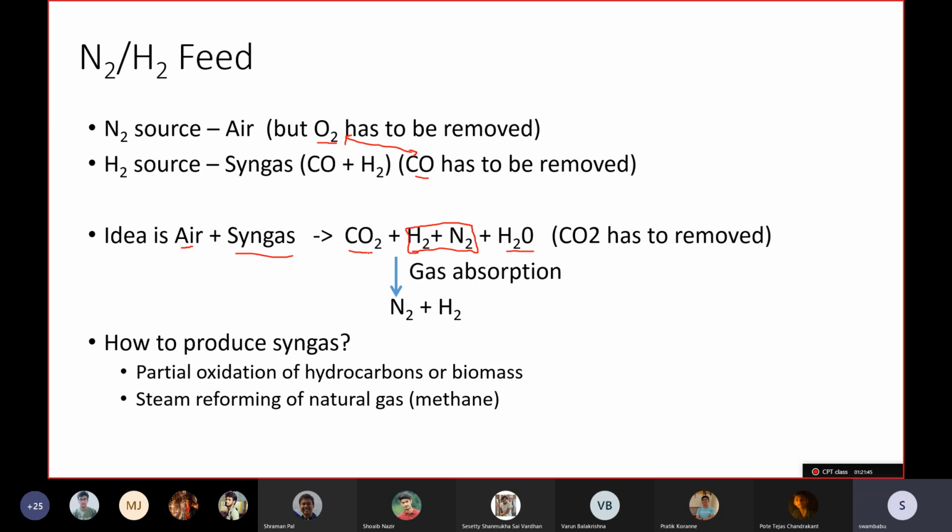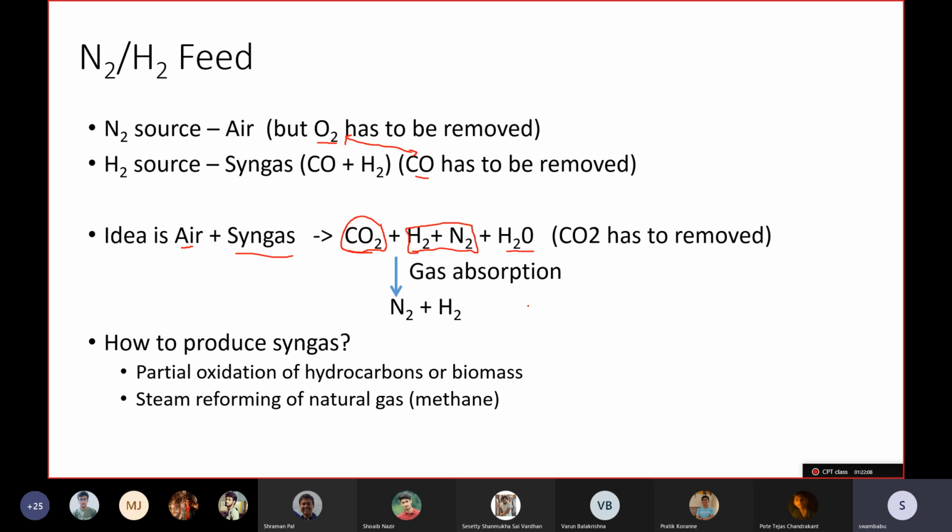We have a gaseous mixture and we want to remove one gas component. What process can we use? Gas absorption or gas adsorption we can use. The most commonly used method is gas absorption.